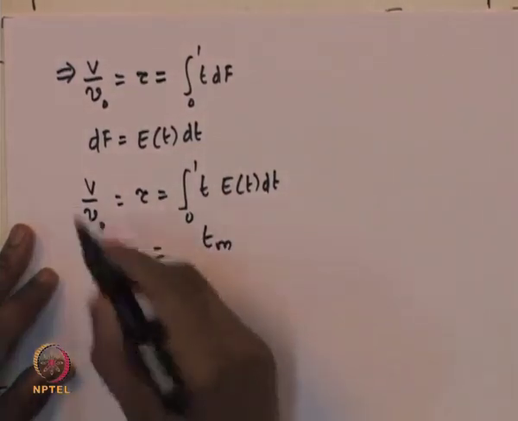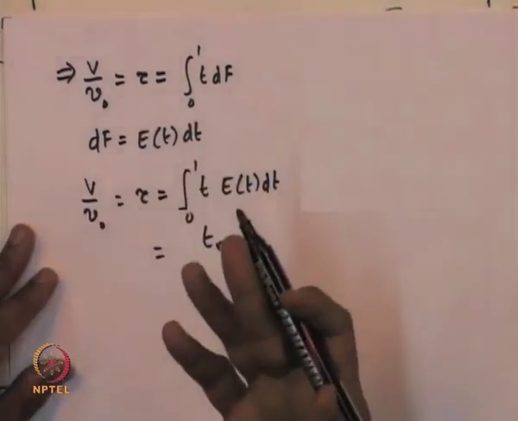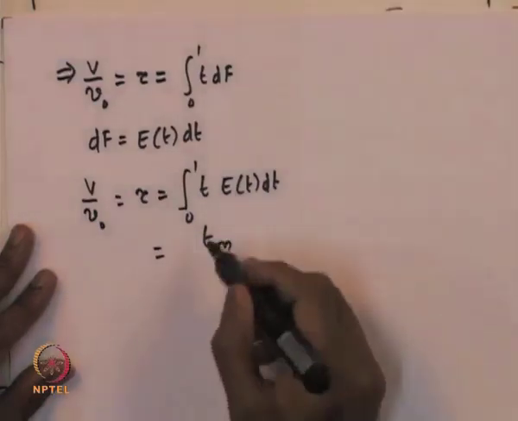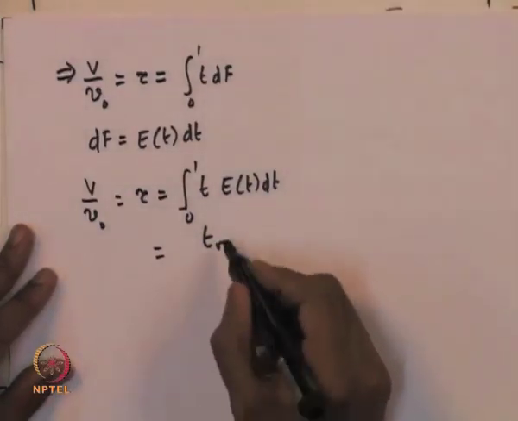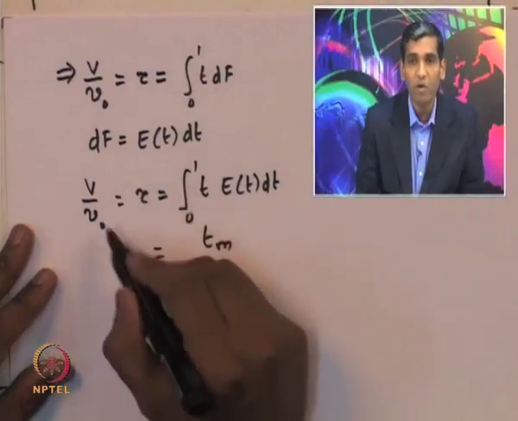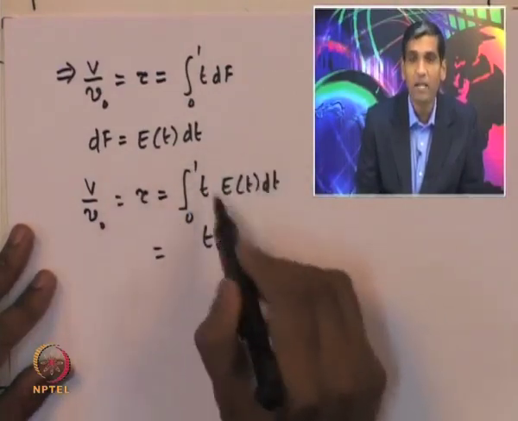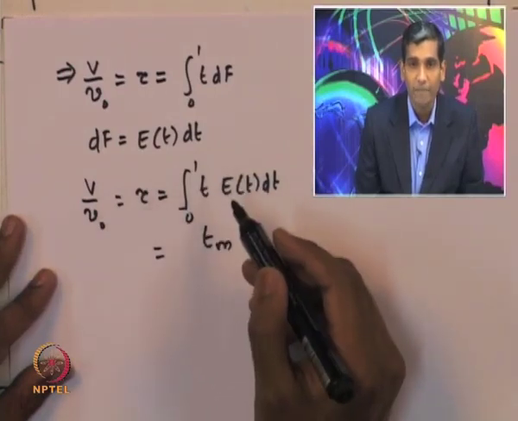So, this shows that for any RTD, if there is no dispersion between the point of injection and the entrance of the reactor, one can show that the mean residence time is equal to the space time of the reactor itself, irrespective of what the RTD function E of t is.